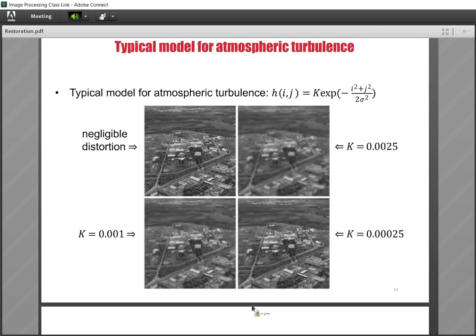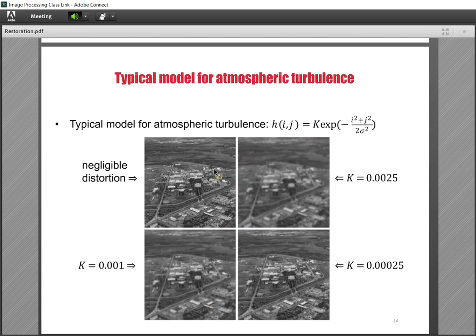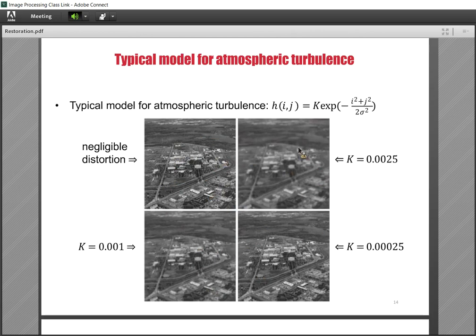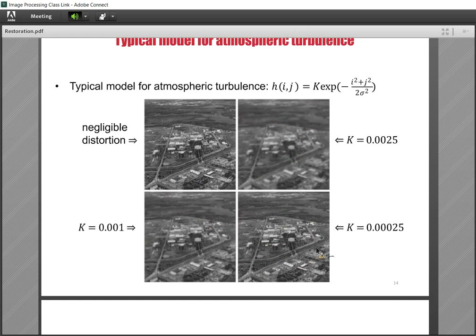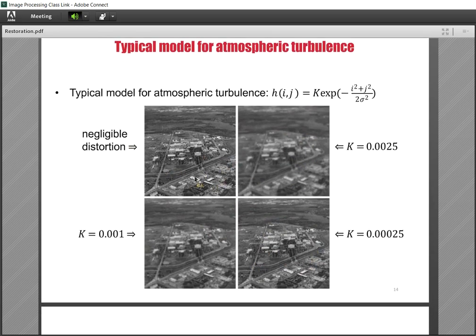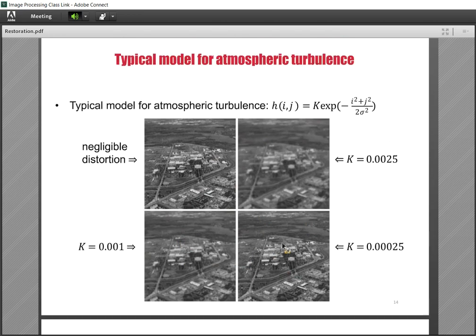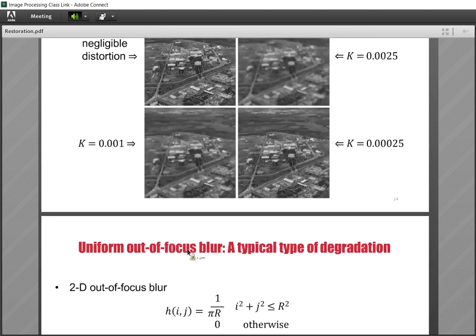We said something about disturbance, for example atmospheric turbulence, where K is 0, or K large, medium, or small. We know that the small case is the same as the 0 case. This gives us a good view of the result of this system, atmospheric turbulence.